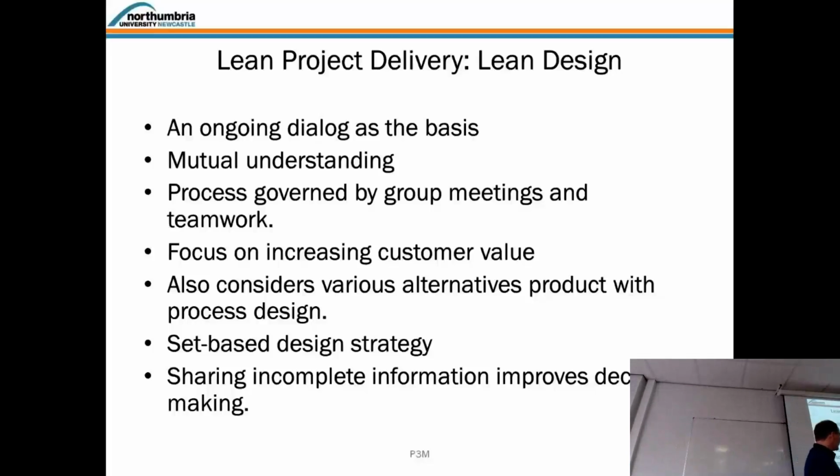And another element, and this is the hard part, is that sharing incomplete information improves decision making. So this means you put the information forward: what decision would we actually arrive at? And then you challenge it against all the party members. When I say challenge, it's not "this is a decision I want to do."